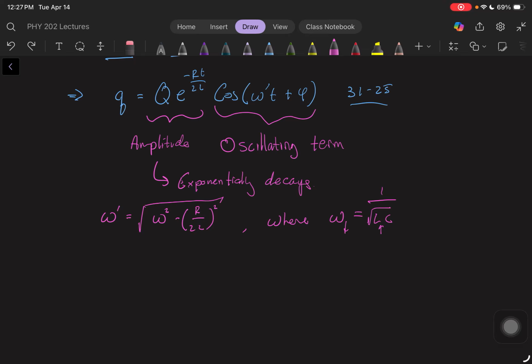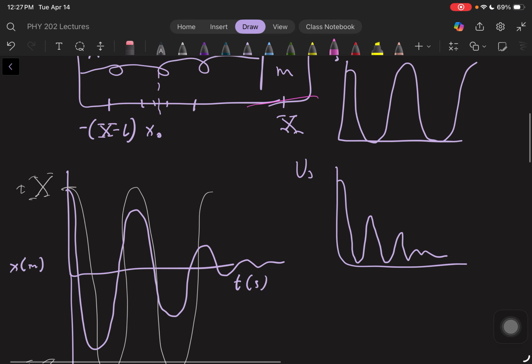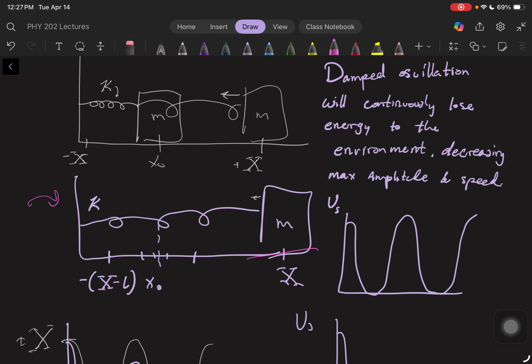Okay? And so what does this frequency physically mean? This is going to be like the resonant frequency of this system. This is the frequency at which these oscillations are going to occur if there's nothing else going on. It's very similar to the frequency at which this oscillation is going to occur if I'm not coming along and applying an external force every now and then, besides the damping force.